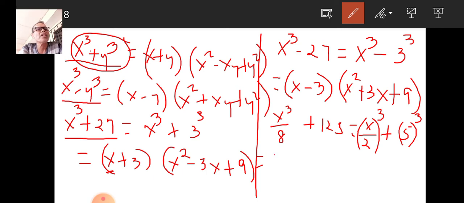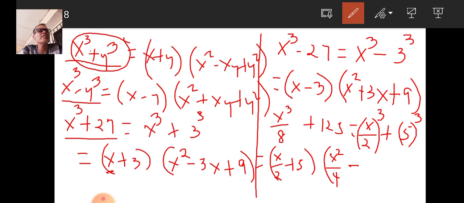So you will have x over 2 plus 5, times the square of x over 2, which is x squared over 4. Since this is positive, the second sign of the second factor must be negative. Then multiply 5 times x over 2, you will have 5x over 2, plus the square of 5, which is 25. So that is the factors.